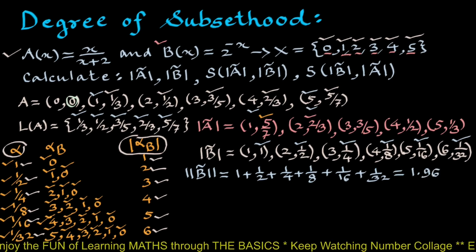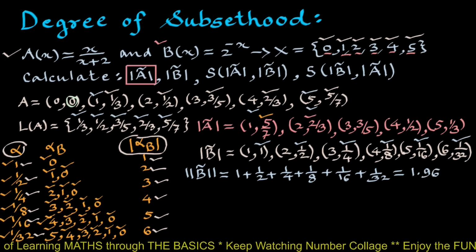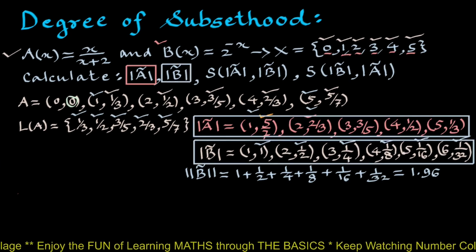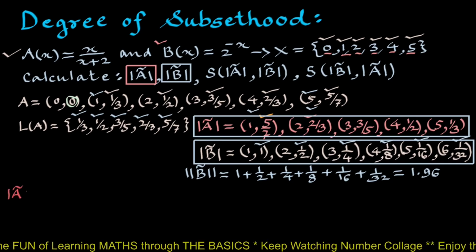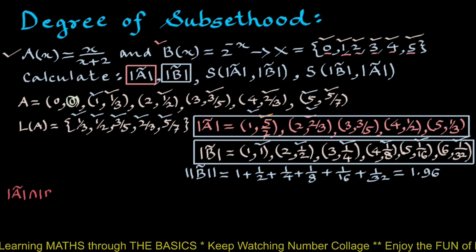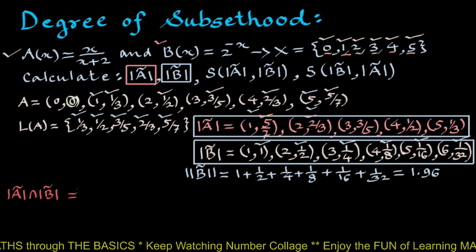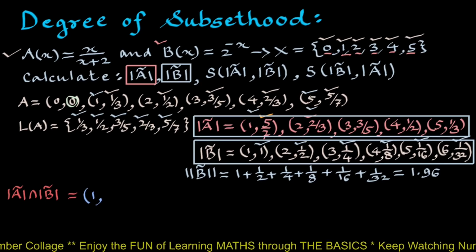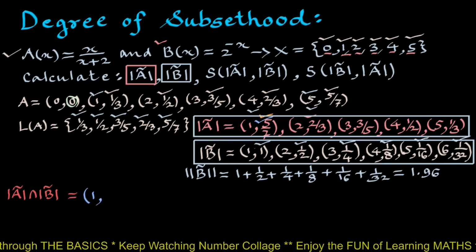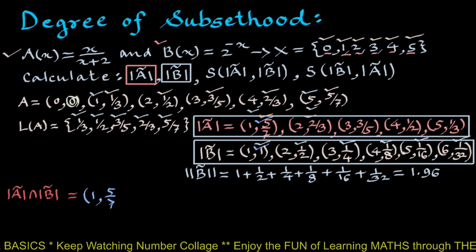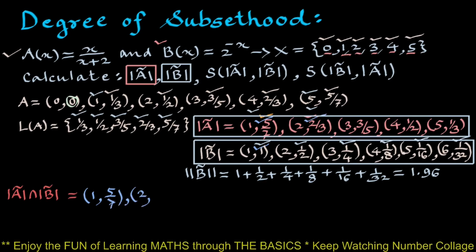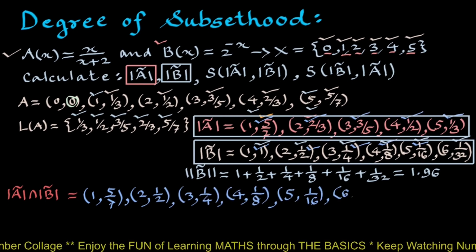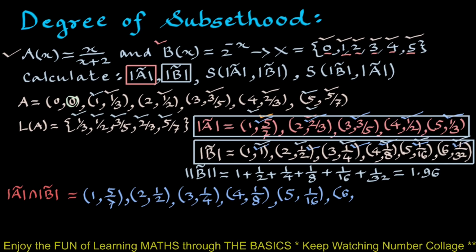Now we have the answer to this question, fuzzy cardinality of A here, then fuzzy cardinality of B here. Now we will write fuzzy cardinality of A intersection fuzzy cardinality of B, which will be minimum of A of x and B of x, that will be 1 comma minimum of 5 upon 7 and 1, 5 upon 7, 2 comma minimum of 2 upon 3 and half etc. and 6 comma minimum of 0 and 1 upon 32.